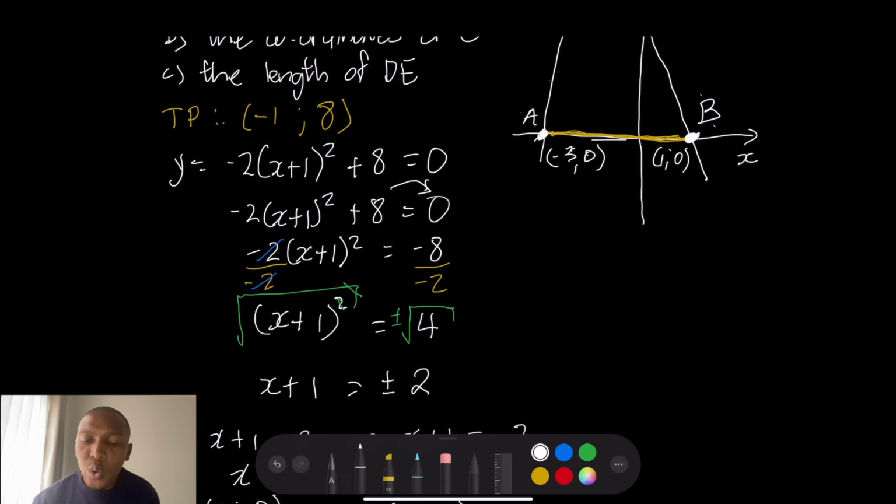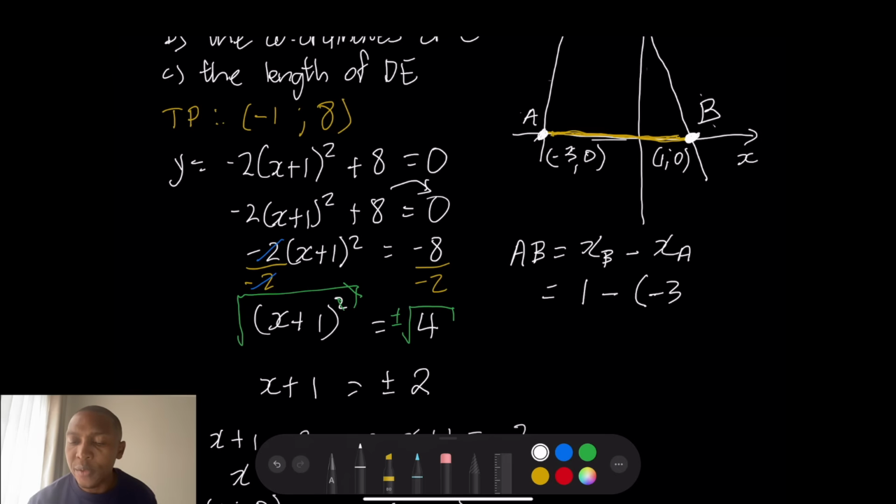So AB would be the x value at B minus the x value of A, because we're looking for the distance. My x value at B is 1, and I'm going to subtract the x value of A, which is negative 3, and it means that the distance AB would be equal to 4.